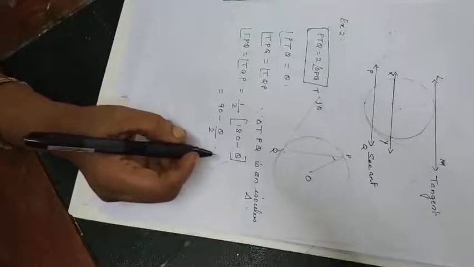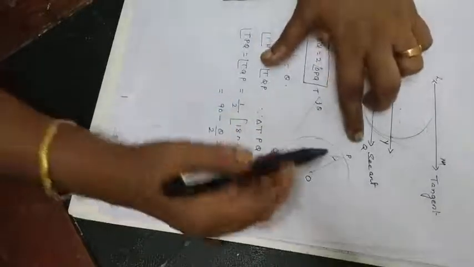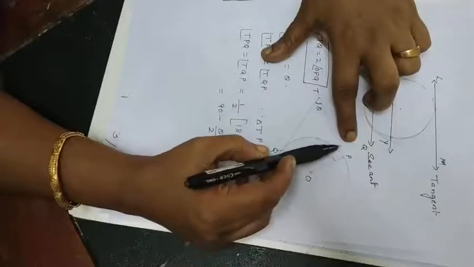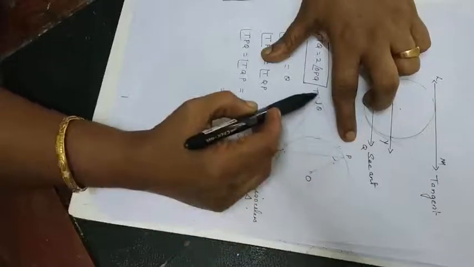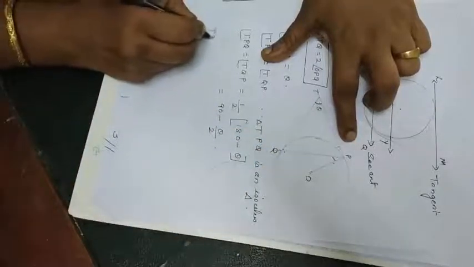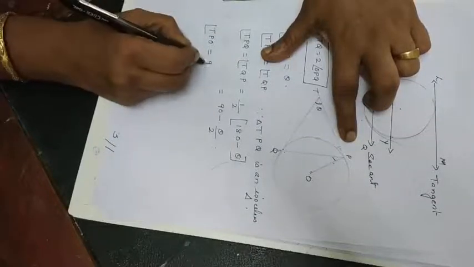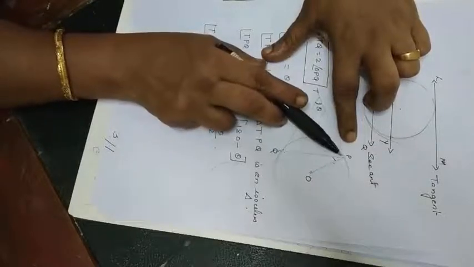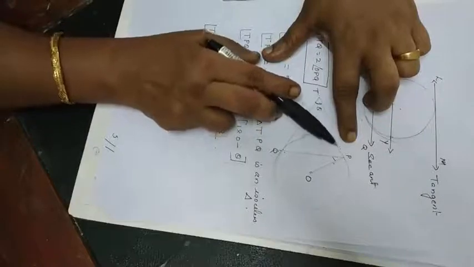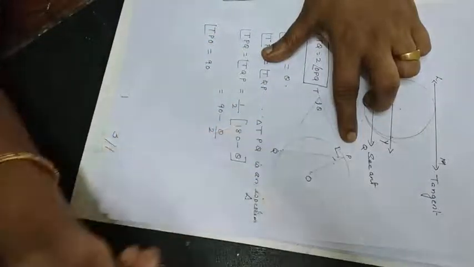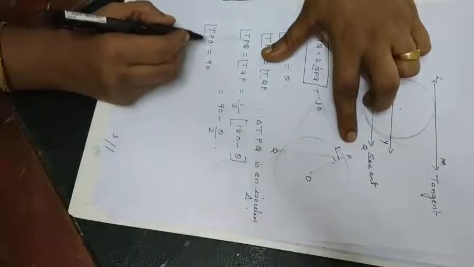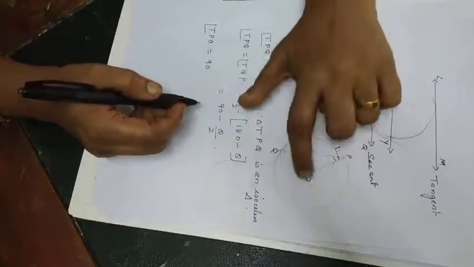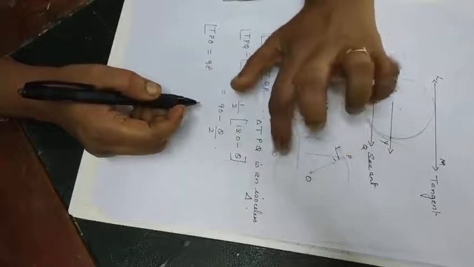Now, we know that TPO is 90 degrees. Angle TPO is equal to 90 degrees, because the radius will be perpendicular to the tangent, so this angle will be 90 degrees. Okay. So here we have to find OPQ.